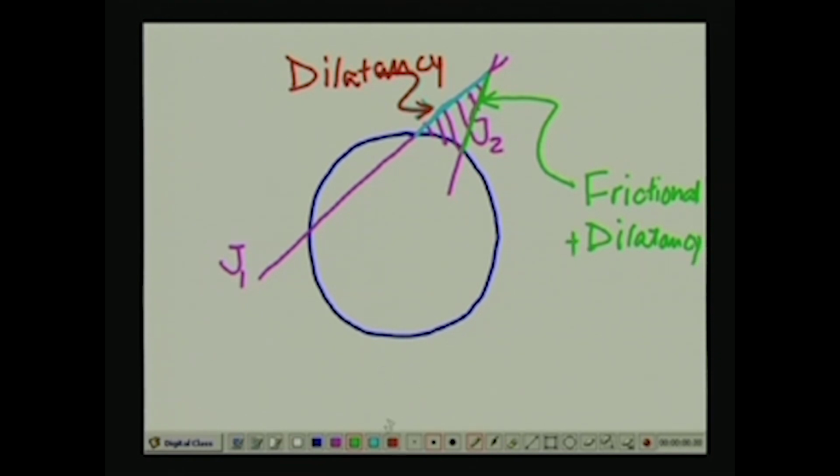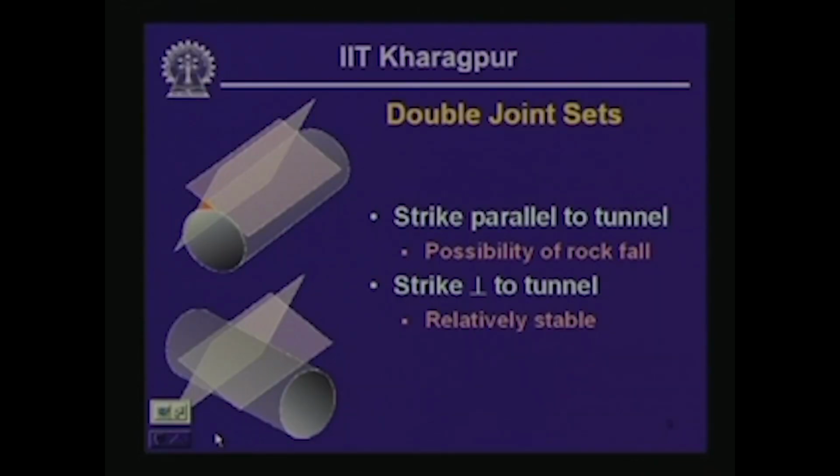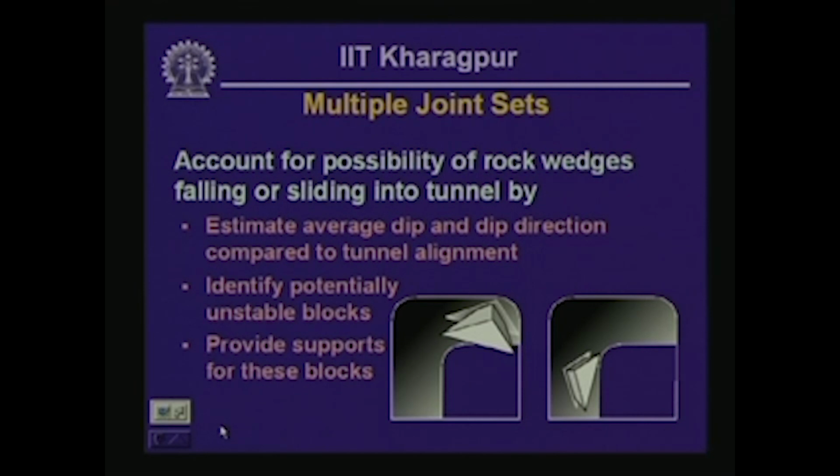These two factors are going to contribute to the stability of the wedge, and it may so happen that the wedge is going to be inherently stable and not susceptible to fall over into the opening at all. We are going to consider this one using the problem involving multiple joint sets in this particular slide.